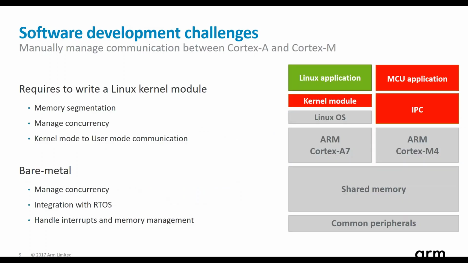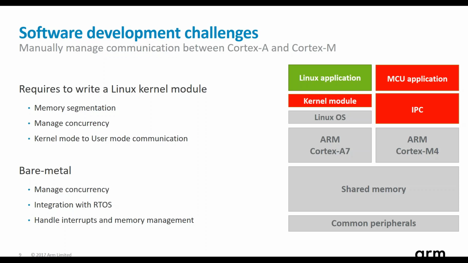In terms of communication, one option that we have is to write the communication stack by yourself. This is normally not advised because it can be quite complicated. The only way the two processors can communicate is by using shared memory and interrupts.